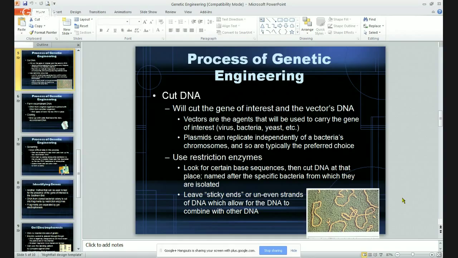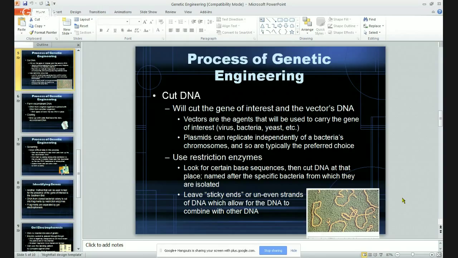The way they cut out that gene and cut open the vector's DNA is they use these things called restriction enzymes. The restriction enzymes are programmed to look for a certain base sequence, and then they cut the DNA at that particular point.